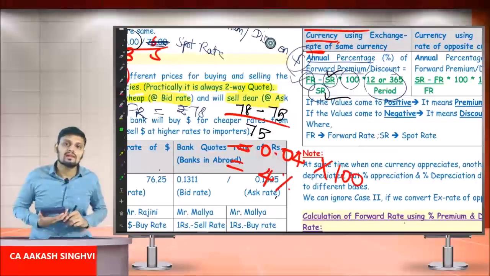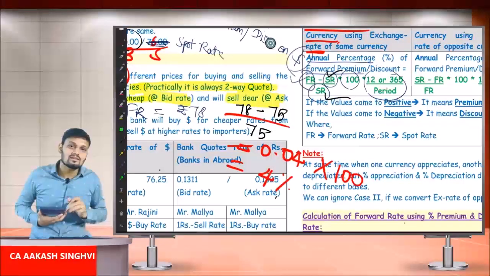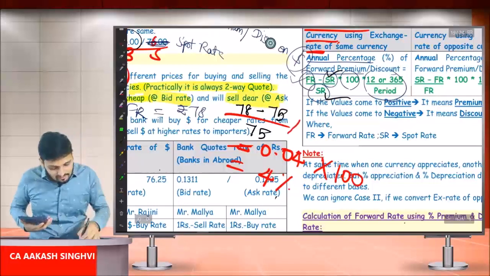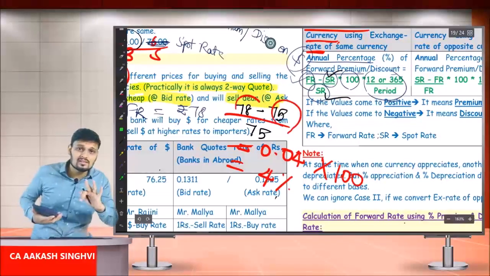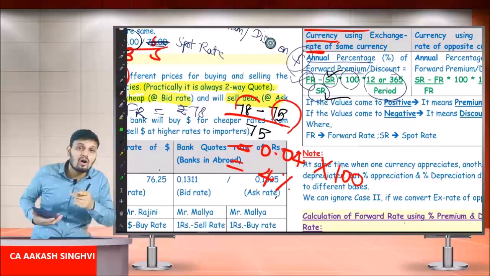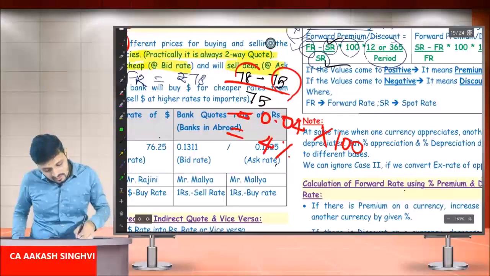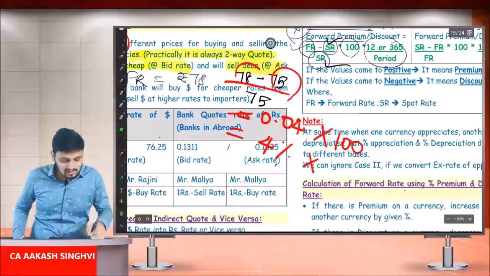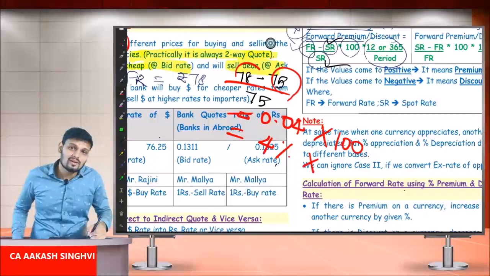And now this 4% is for 3 months. This 75 to 78 has happened only in 3 months. We need the annual percentage of premium or annual percentage of discount. So 4% into, how will you convert these 3 months into 12 months? It's very easy, guys.